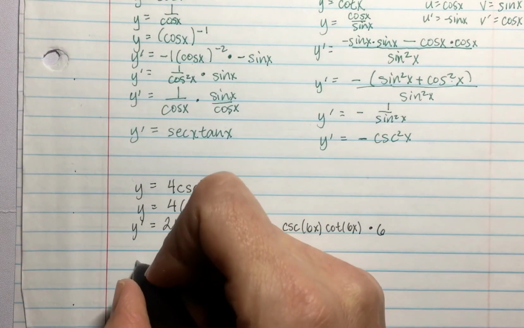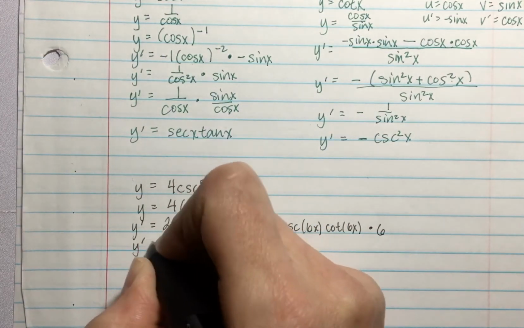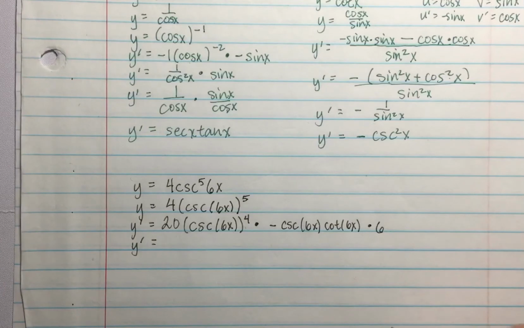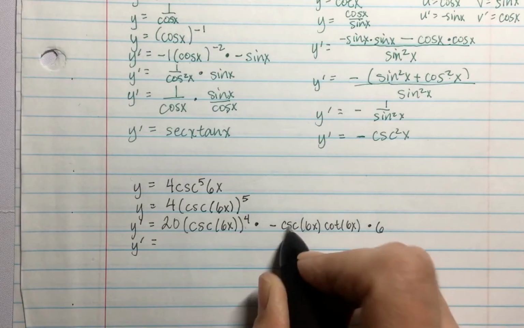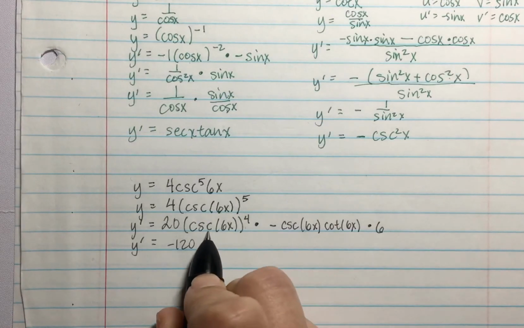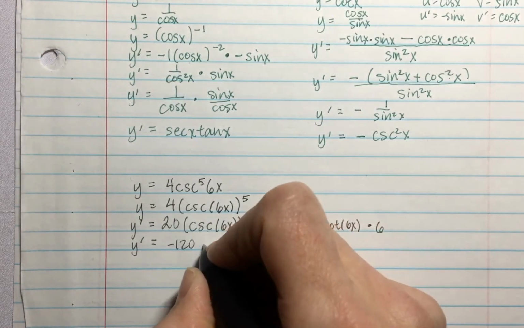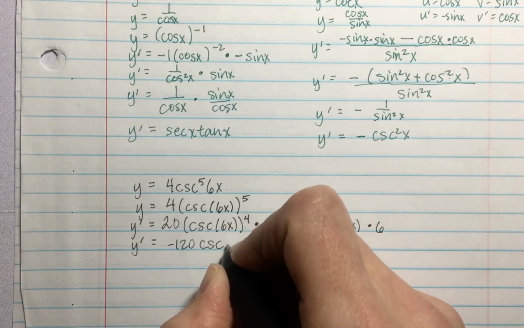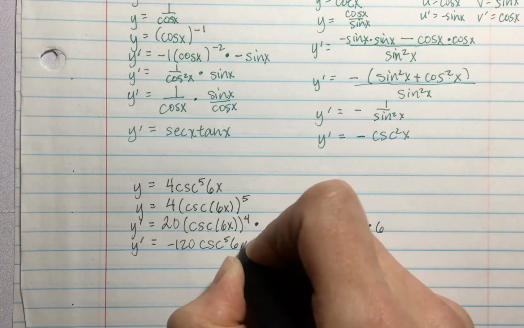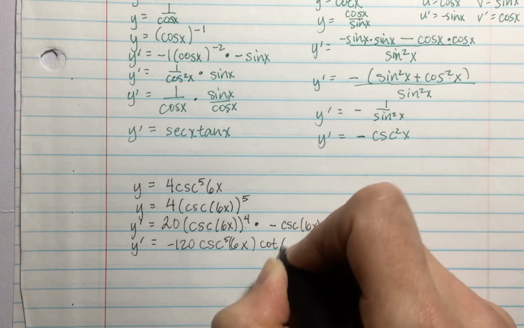There's not really need, but if it were a multiple choice question, you'd have to figure that out. Or if you just like being tidy because that's how you roll. So the 20, the 6, and the negative, we get negative 120. And then notice we have a cosecant 6x to the 4th times another cosecant 6x, so it's really cosecant to the 5th of 6x times the cotangent 6x.